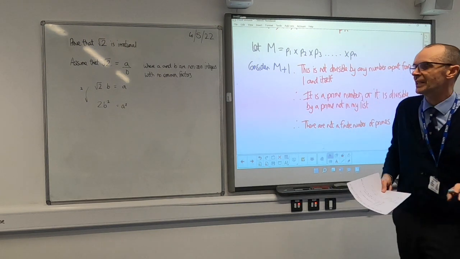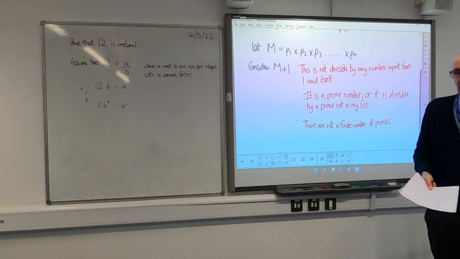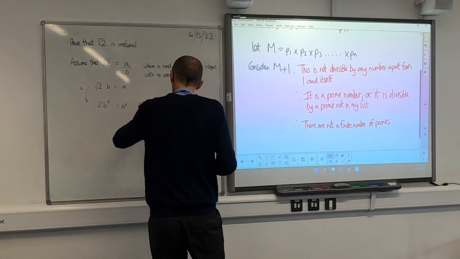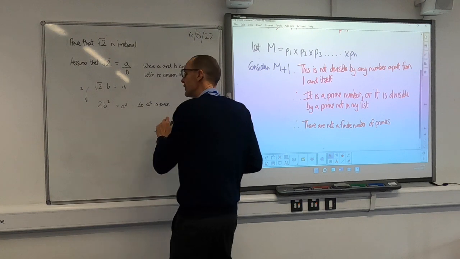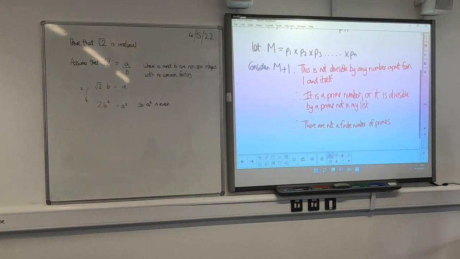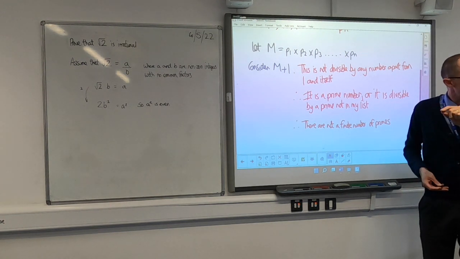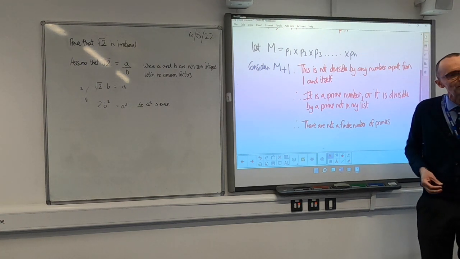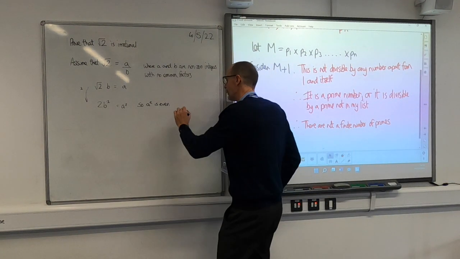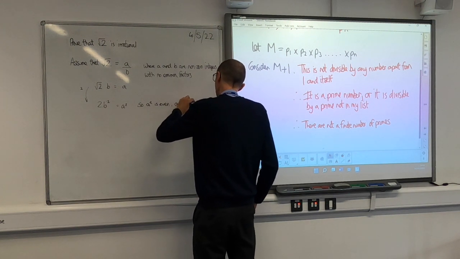Now that tells me that a squared must be an even number, because it's 2 times something else. And any even square number will have come from an even number. You can't square an odd number and get an even answer. So if a squared is even, a is even.